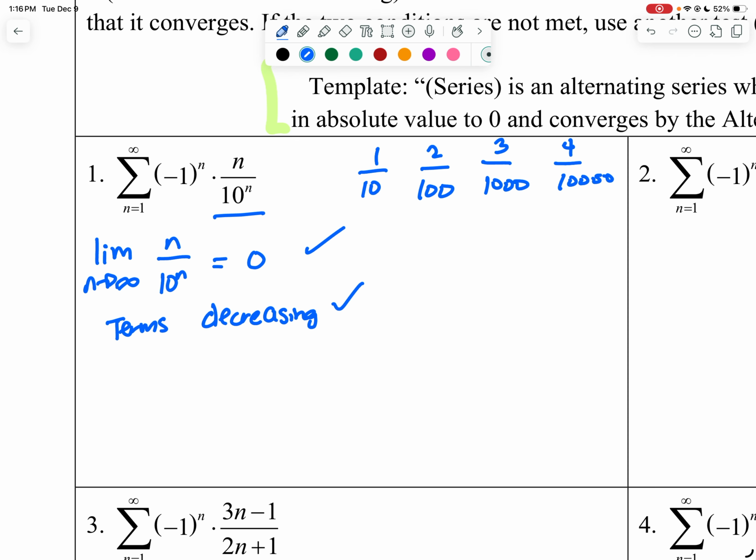Because those 2 conditions hold, we could say that this right here, we're going to state the whole thing.